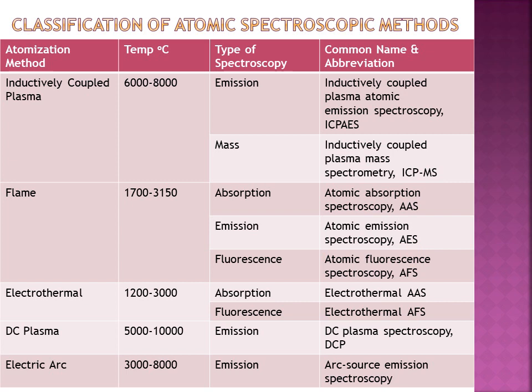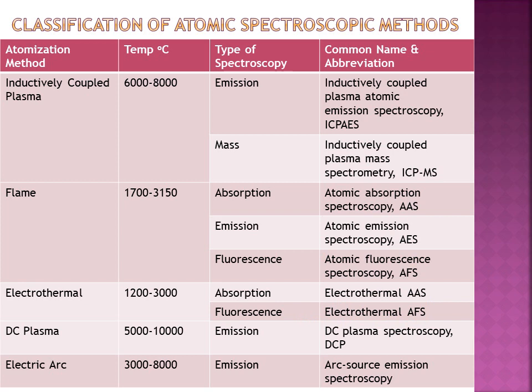And when it's used in fluorescence spectroscopy, it's known as atomic fluorescence spectroscopy, AFS. Then the next atomizer is the electrothermal atomizer, and the temperature range is 1200 to 3000 degrees centigrade. It's used in absorption and fluorescence spectroscopy. When used in absorption, it's called electrothermal AAS. When used in fluorescence spectroscopy, it is called electrothermal AFS.